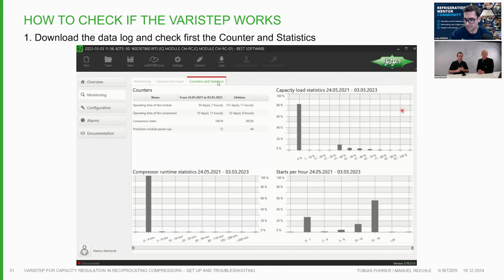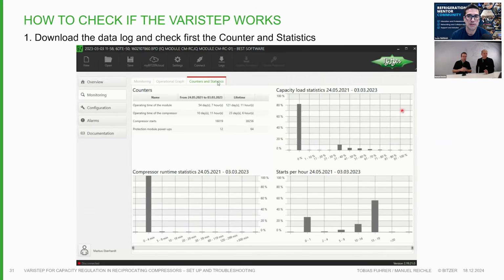Also, if you have a controller that can give you the number of starts and stops of the compressor per day, if the compressor is starting more than 120, 130 times per day, it is maybe time to pay the system a visit and to check, because something is wrong, because you have a high number of starts and stops.